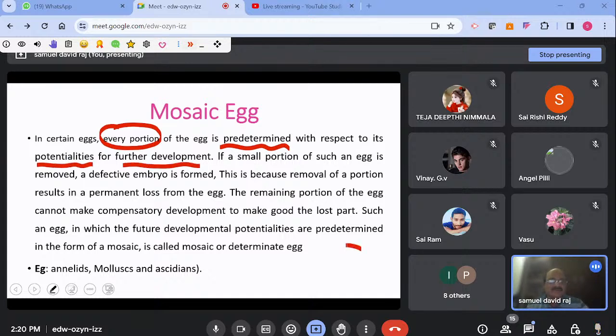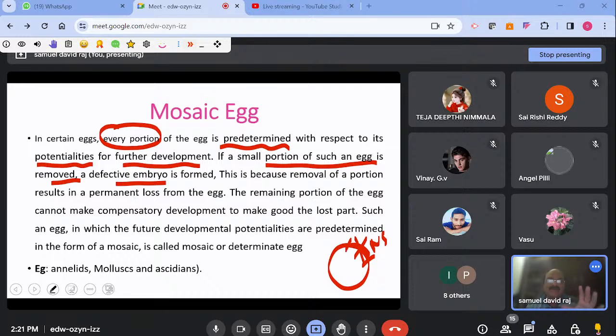For example, if this part is going to give rise to the nervous system, and you remove this part, the nervous system may not be able to develop. Thus the part of the egg is predetermined.